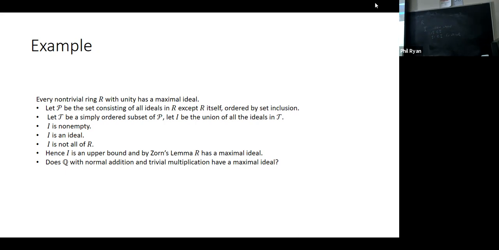So for example, if we look at Z, 2Z is an ideal, right? Because you add any two even numbers, you get an even number. The inverse of an even number is an even number. 0 is an even number. But then if you take any element of the ring, 3, and you multiply it by an even number, you get an even number.